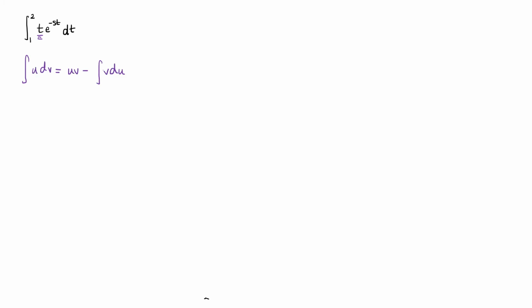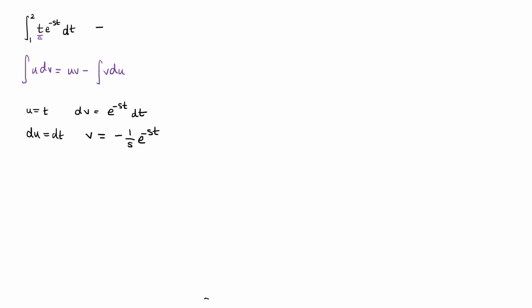So in our case, we've got u equal to t, and dv is going to be equal to e to the negative st dt. So we're going to integrate this and we're going to differentiate t. So du is equal to dt, and our v is negative 1 over s e to the negative st.